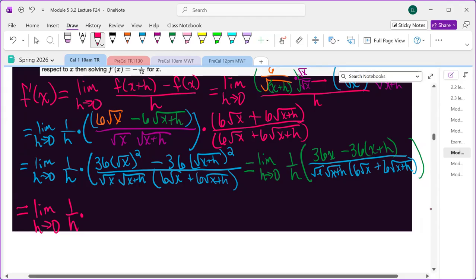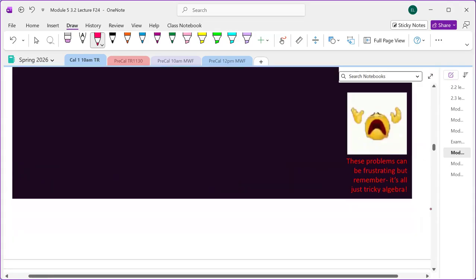Now this negative 36, I'm going to distribute through. If you don't distribute that negative sign appropriately here, it'll look like you did things right, but your answer will be just slightly off.